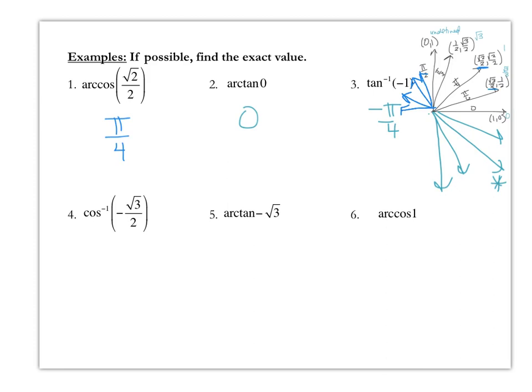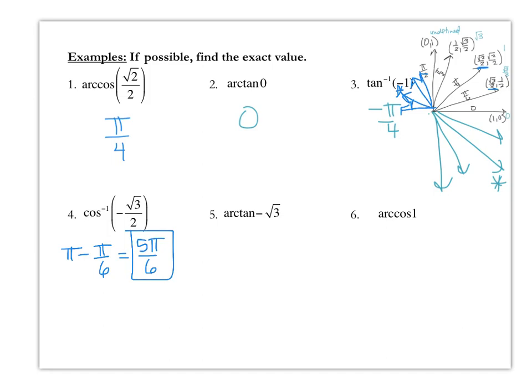That is here at pi over 6, but we need to figure out the value that it would be in the second quadrant. So if we give a reference angle of pi over 6, it's really going to be pi minus pi over 6 to figure out that value. So that's going to be 5 pi over 6.